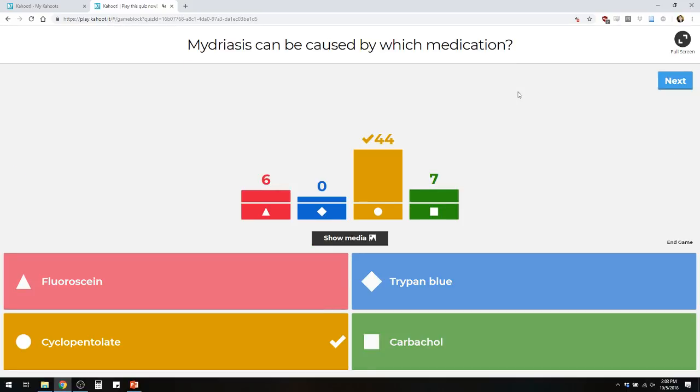All right, cyclopentolate. How does it work? It causes mydriasis, but how does it do that? There's two ways we can do that, right? We can either antagonize something or agonize something.